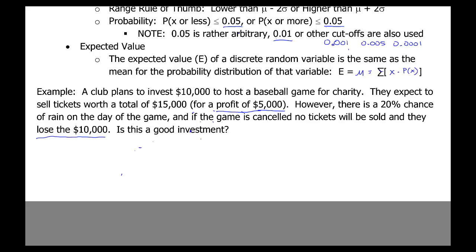And those potential outcomes are going to be our values for x. So let's make a probability distribution. So the first possible outcome is that they'll make a profit of $5,000. The other potential outcome is that they will lose $10,000.